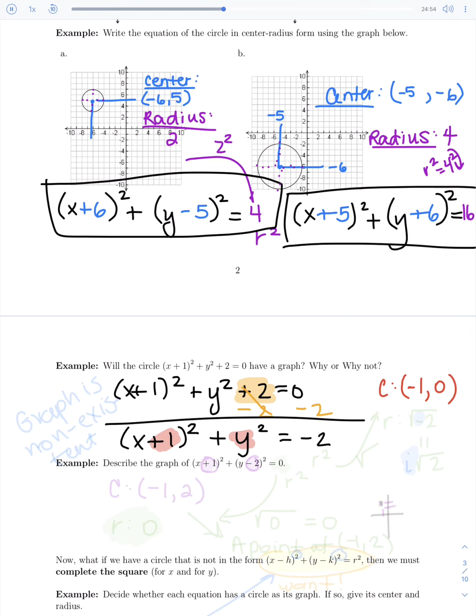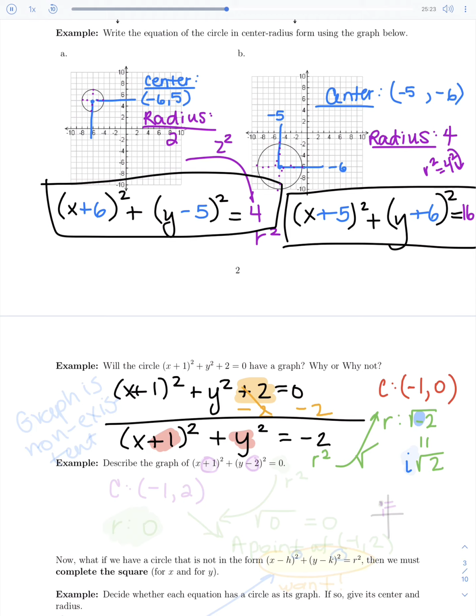However, remember that our radius is squared in our formula. So to actually find the radius, we would have to take the square root, and that would give us the square root of -2, which, remember, if you have a negative underneath a square root, it comes out as an i. So that would give us i square root of 2.